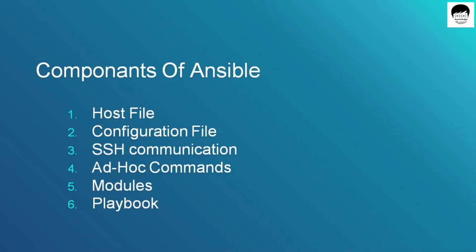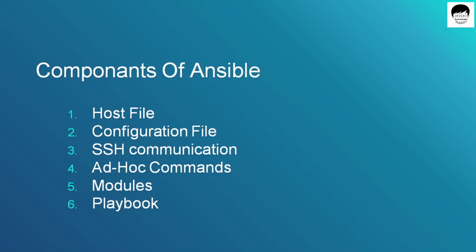We'll discuss common components of Ansible. The first is the host file. In the host file, we can maintain the host IPs, like an inventory. If you have hundreds of servers, we have to enter the IP addresses of those servers in the host file. Suppose we consider those 100 servers as a web servers group.